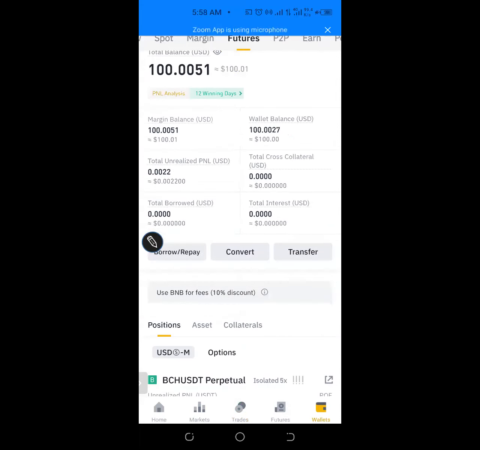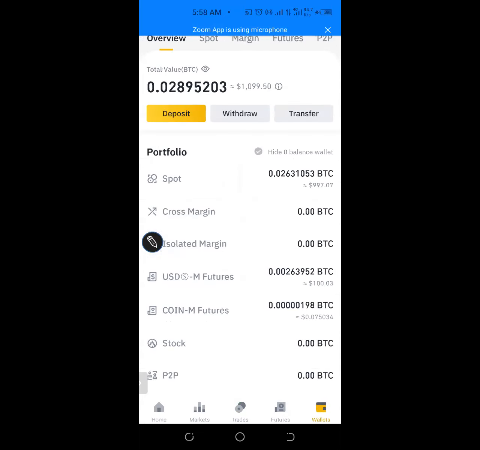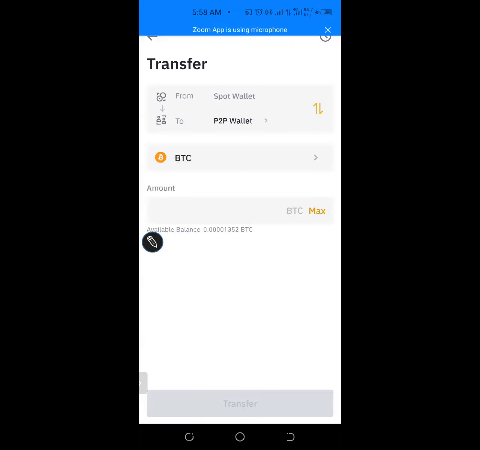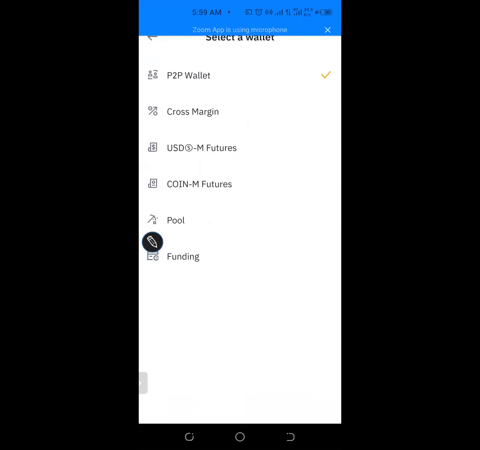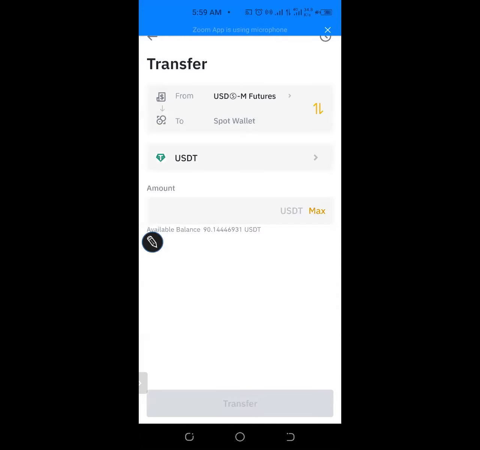I can still decide to go back to my wallet overview and transfer back the money I have in futures. I just have to select from USD-M to spot wallet, and I take the maximum.